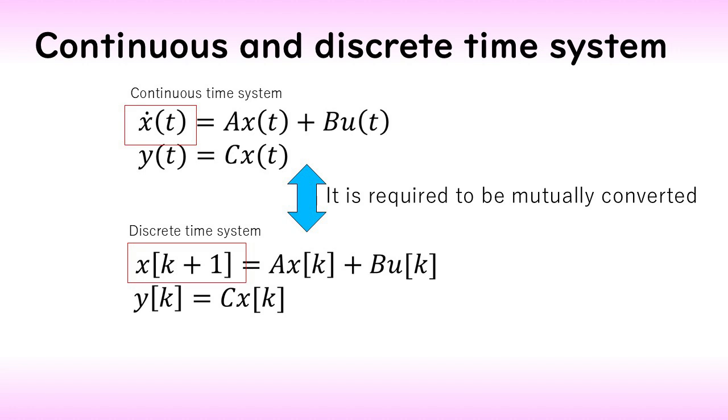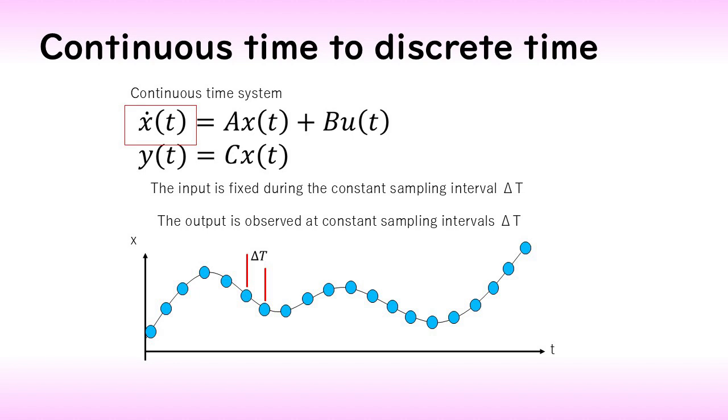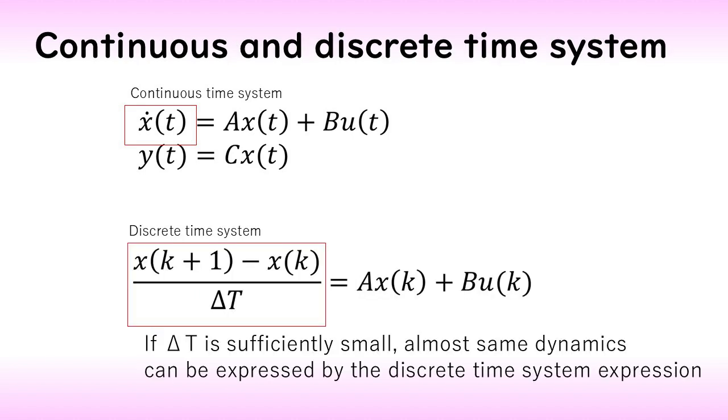It is required to mutually convert them. First, continuous time system to discrete time system. We consider the input is fixed during the constant sampling interval delta t. In addition, the output is observed at constant sampling interval delta t. In such framework, continuous time system and discrete time system are related.